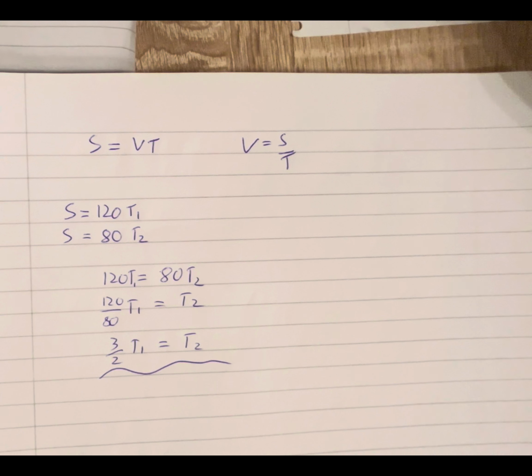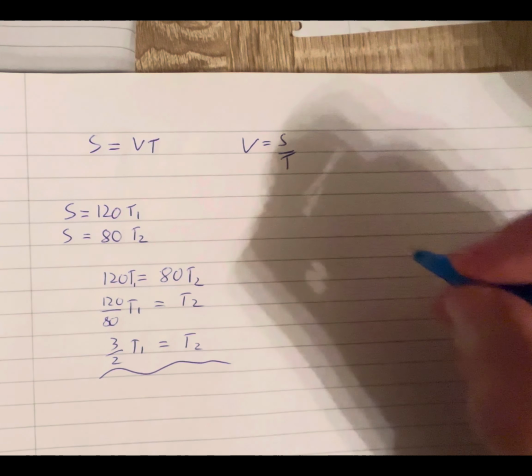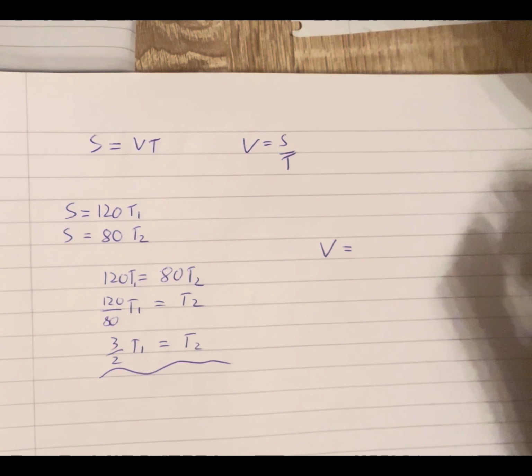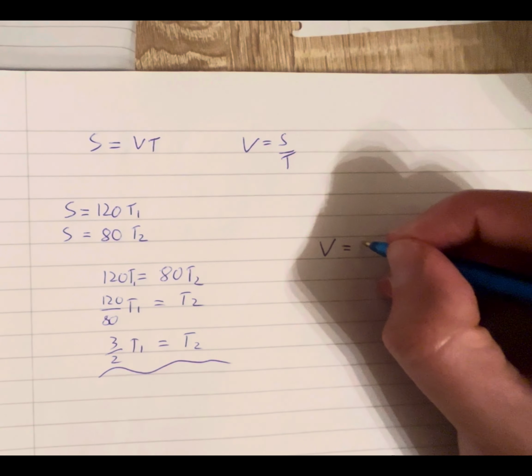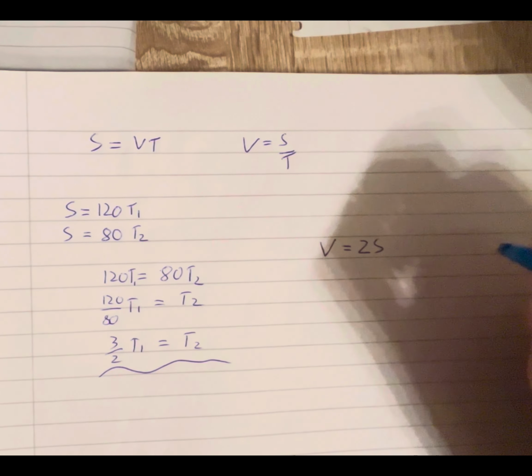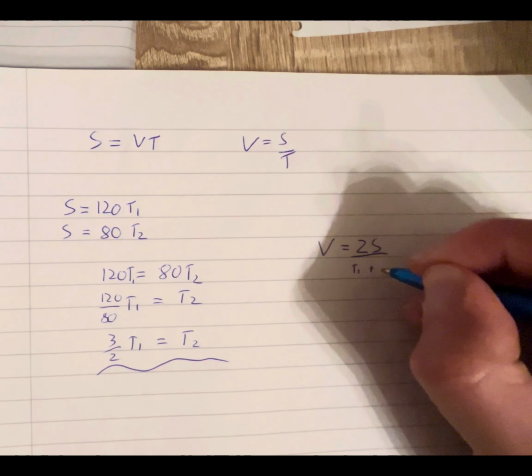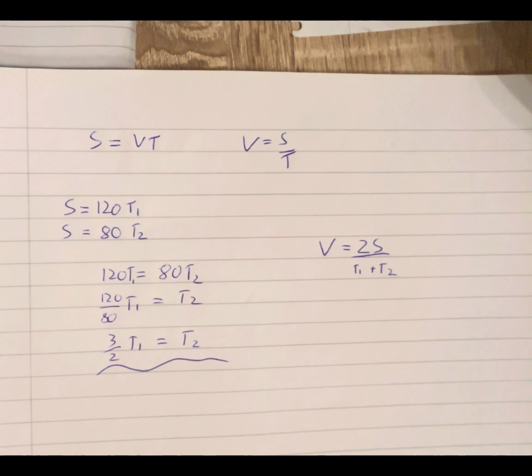Right, now to find the speed over the two legs, average speed is going to equal the total distance, so that's going to be 2 times s, over the combined time, which is t1 plus t2.